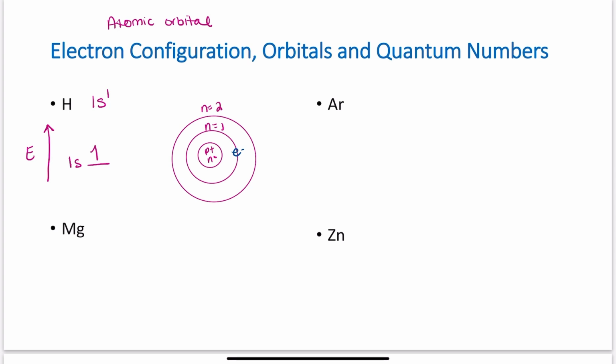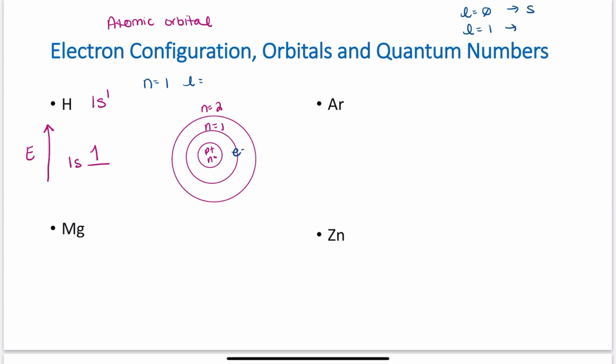If I want to talk about the quantum numbers here, n is the principal quantum number, which tells you your energy level. For hydrogen, and for the other species, we're going to talk about the last electron added in, just to be clear. But for hydrogen, my last electron added in is in an n equals 1 shell. L again tells you the type of orbital you have. If you have an L value of 0, it's an s orbital.